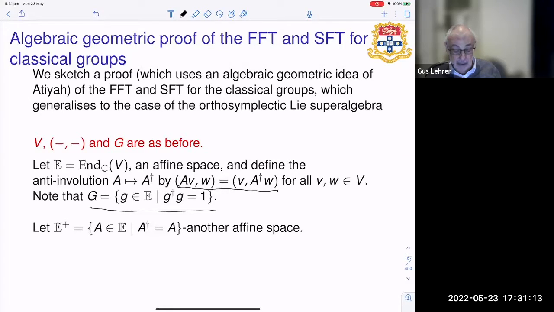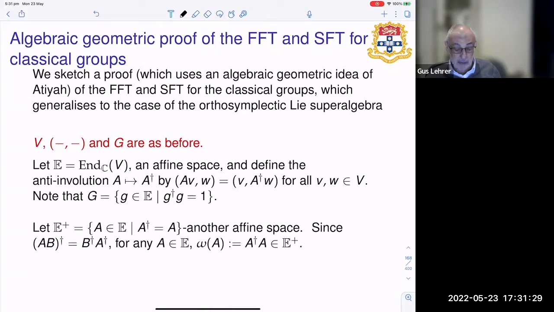In the symplectic case, it's not quite skew, but this variety is isomorphic to the variety of skew matrices. And in the orthosymplectic case, it's more complicated. Now, since dagger is an anti-involution, it is always the case that if you take this transformation, omega of A is A dagger A, then that's always a dagger symmetric endomorphism.